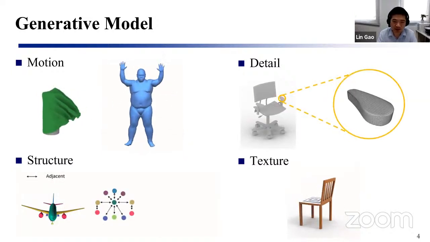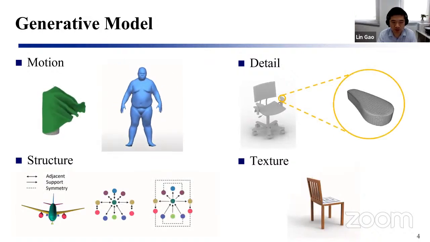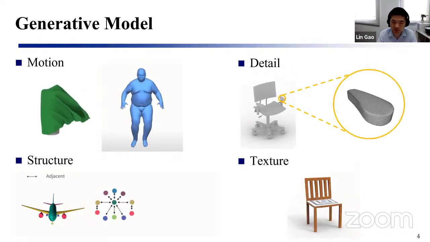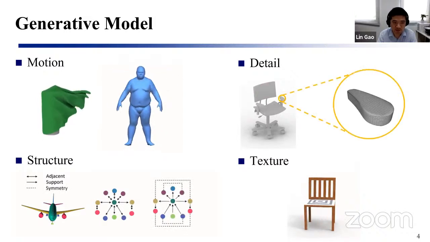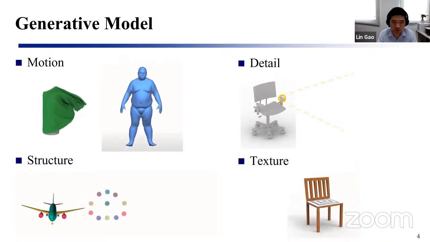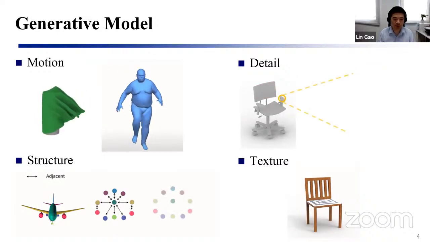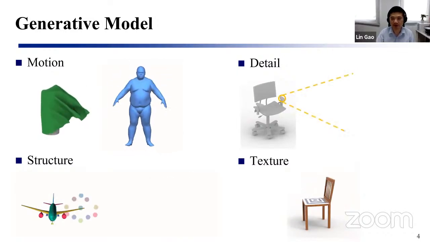Firstly, let us review the history and related works of this research. For motion or deformation, one very important application is to reuse the deformation to generate new mesh deformation.